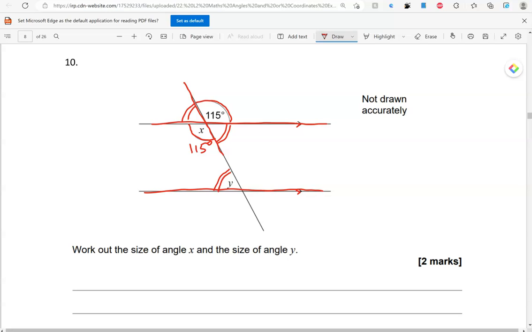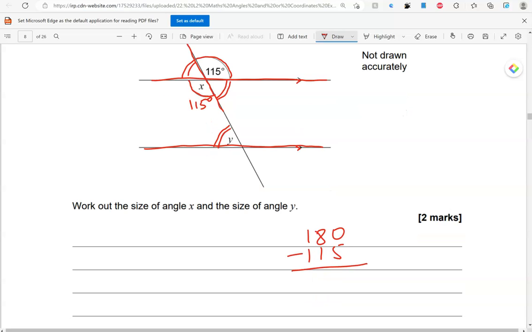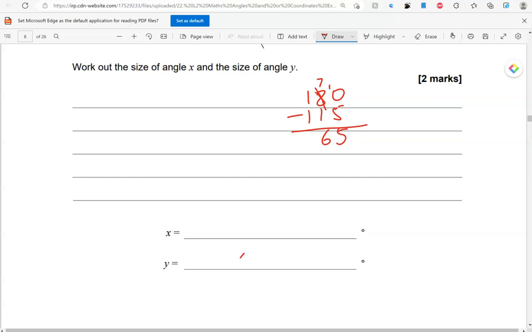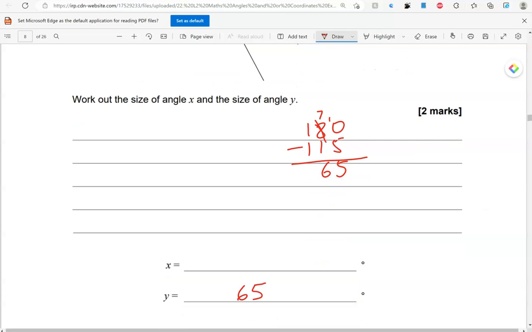So if I do 180, take away 115, should give me angle Y, which is the same as this one, as I said earlier. 10 take away 5 gives us 5, 7 take away 1 is 6, 1 take away 1 is 0, so 65 degrees. That's the size of angle Y, whereas X is 115 degrees.